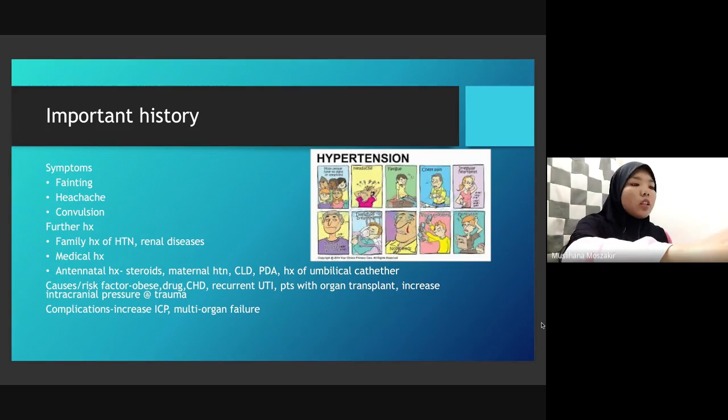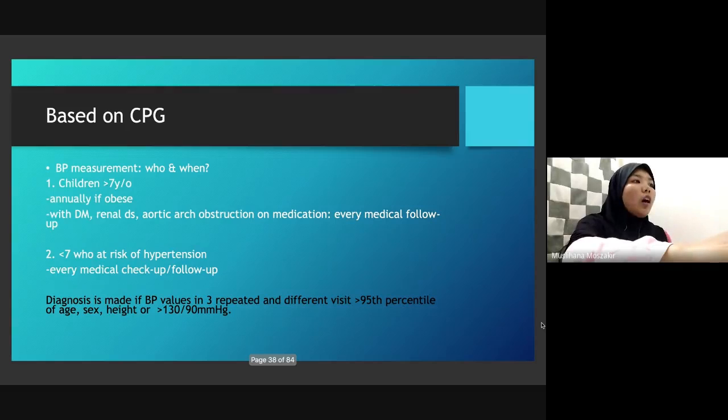Then we go next to BP measurement, who and when. In children more than 7 years old, we will check the BP annually, especially if the child is obese. Patients with diabetes mellitus, renal disease, aortic obstruction, or on medication will have frequent BP monitoring in their medical follow-up.